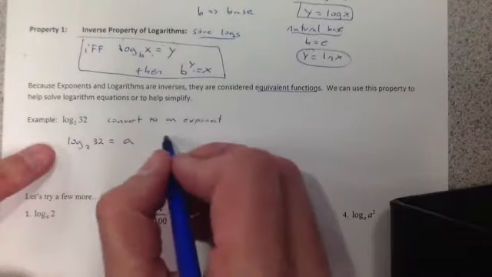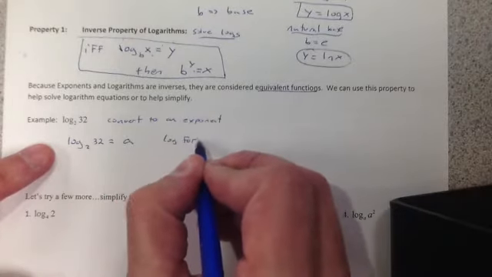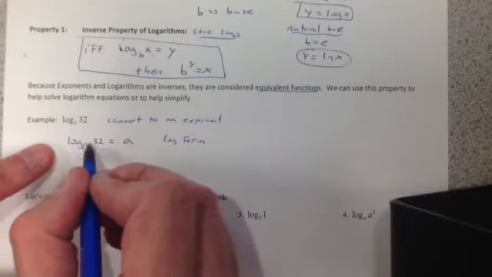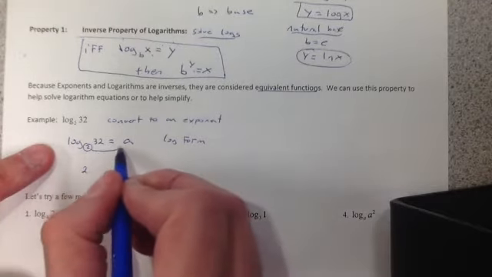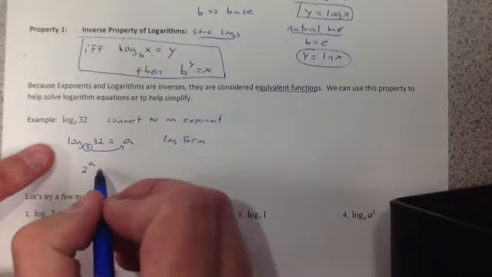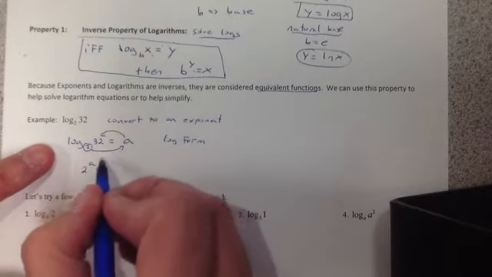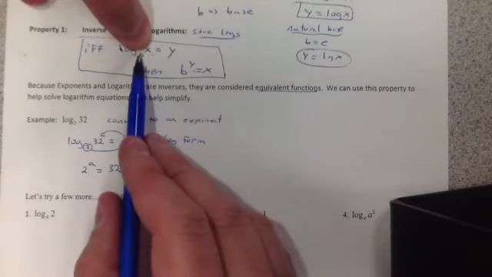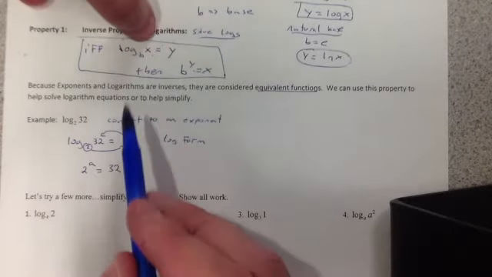Now, this is the log form. To convert it to exponential, we look at the base 2, and we raise that to the power of A. And that's going to equal the 32. And that's our rule up here: b to the y equals x.